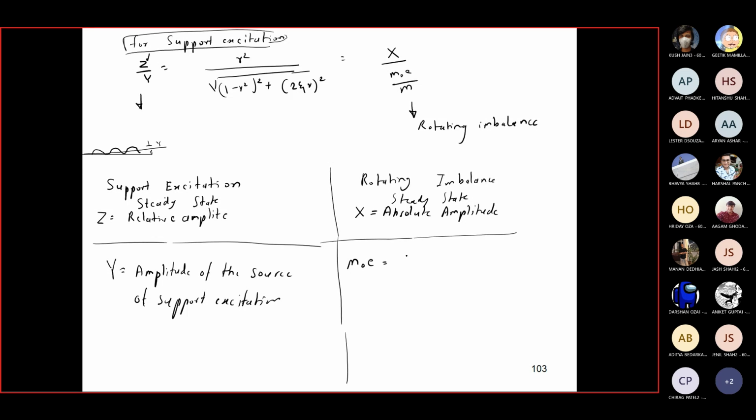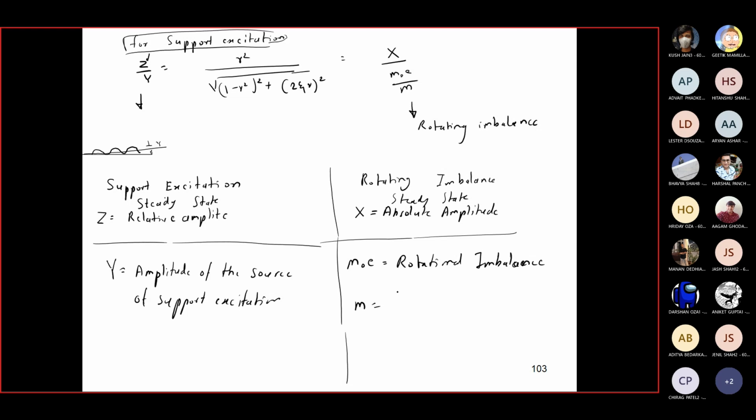And what is M0E? Yes, anyone? Rotational imbalance. This is a rotational imbalance, which is the source of the disturbance, which is inducing the vibrations. Okay.